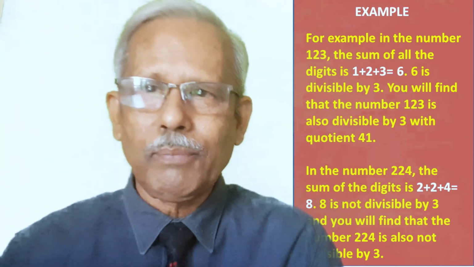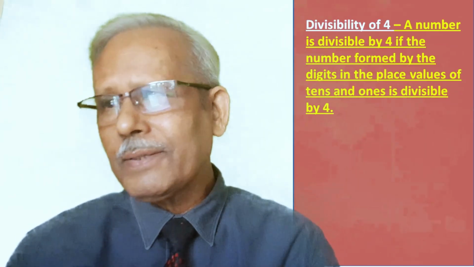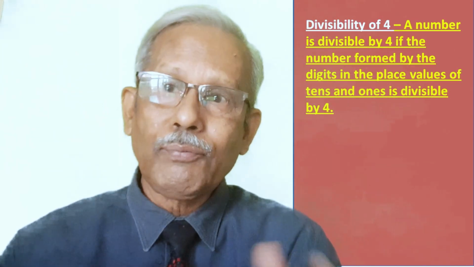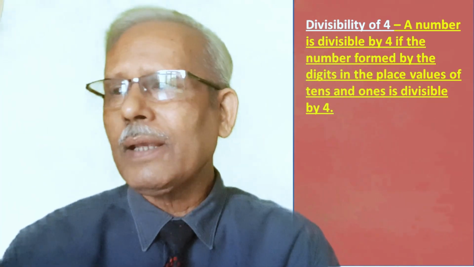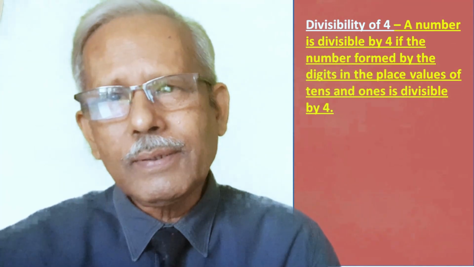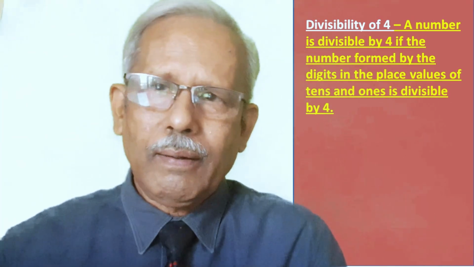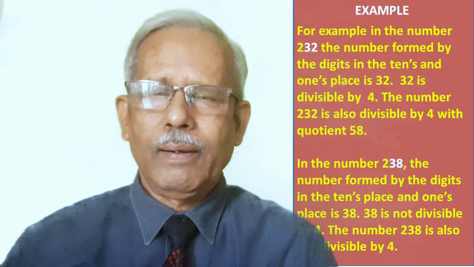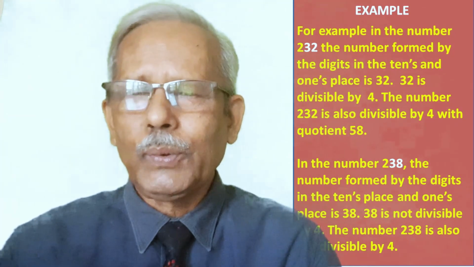Now let us come to the number 4. It is a bit different again. A number is divisible by 4 if the number formed by the digit in the tens place and the ones place is divisible by 4. For example, let us take the number 232. Here the number formed by the tens place and the ones place is 3 and 2, that is 32.